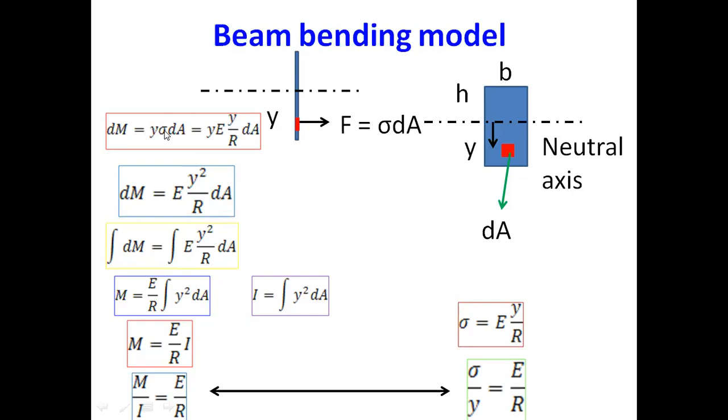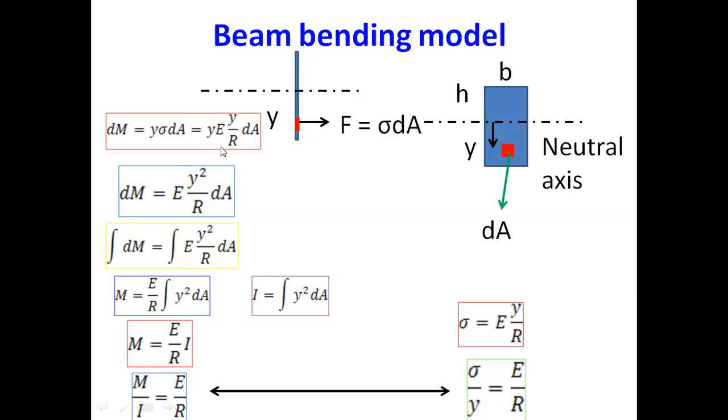The force is sigma dA times the perpendicular distance, and the perpendicular distance is y. So dM is equal to y sigma dA. Sigma, we have already found out, is E y by R. So putting for sigma, we would have y E y by R dA.